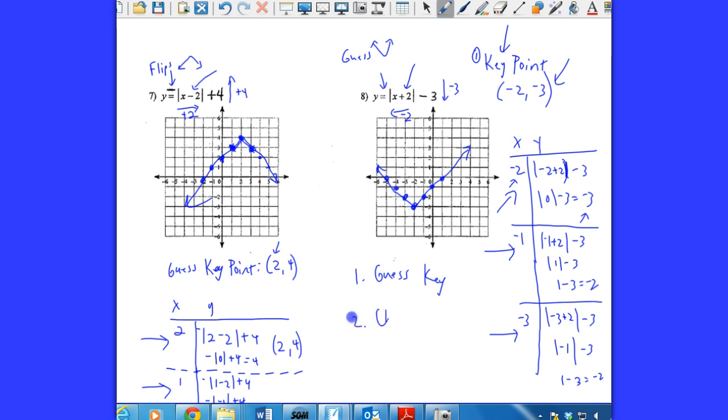Okay, check it in the table. And then pick 1 point on each side of the key point. Again, the key point is there. You want to pick 1 point on this side and 1 point on that side to test it. And that should do it for you.